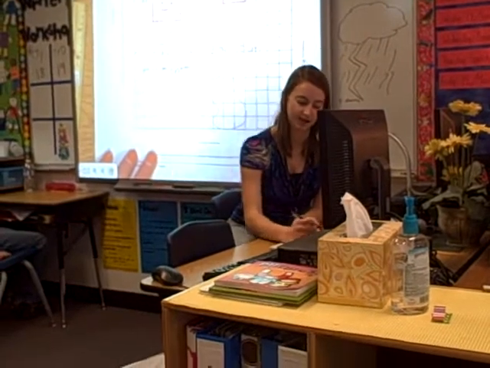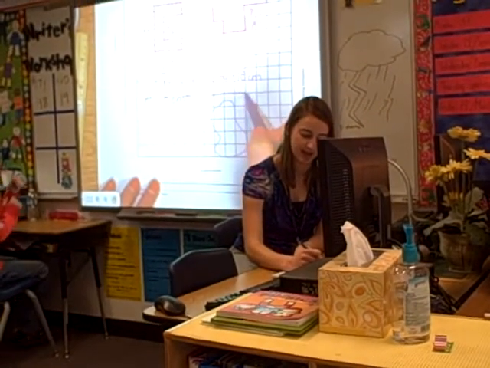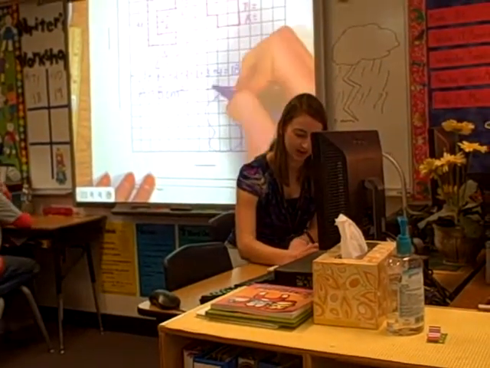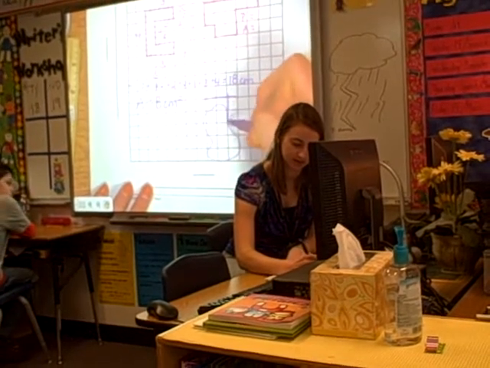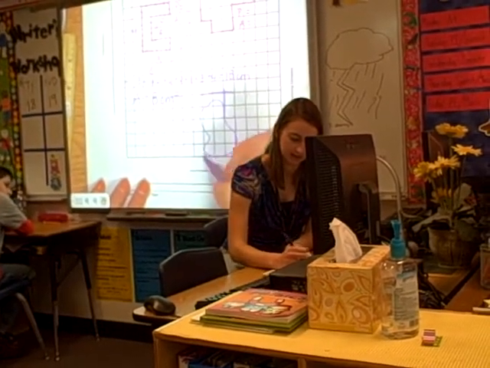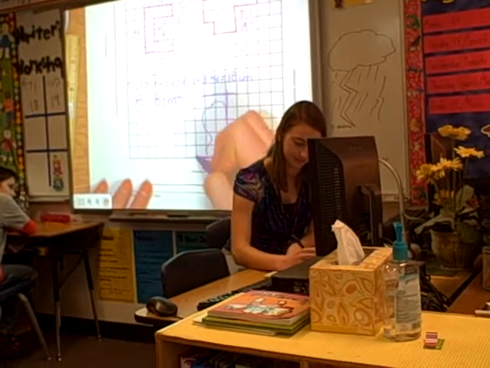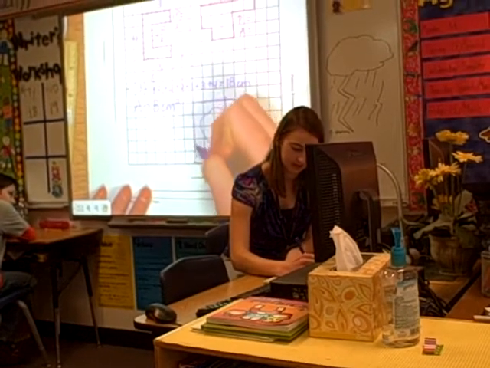So if you had a blob, there's no way to find the exact perimeter of that. You'd have to take your best guess and draw it out. That's the only way you can try and find the perimeter.